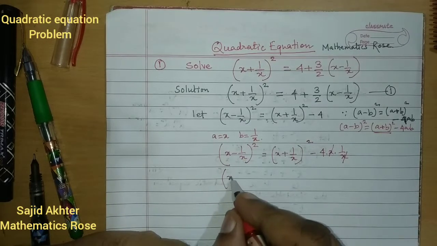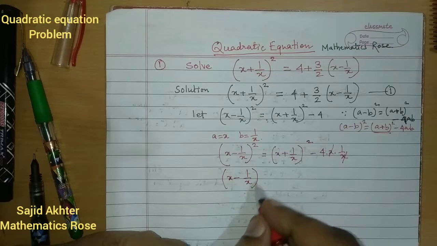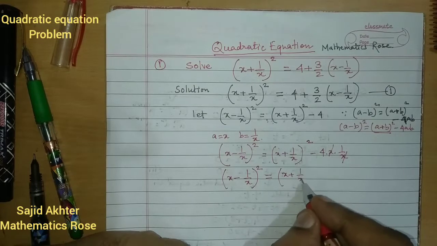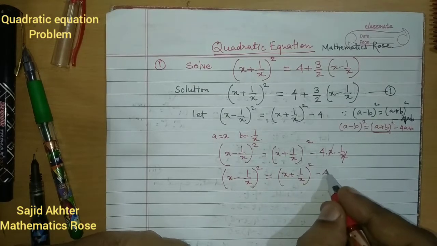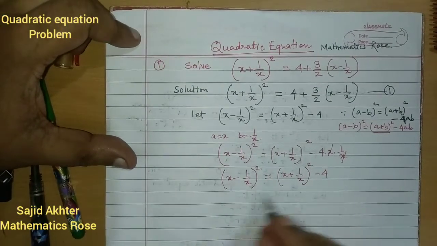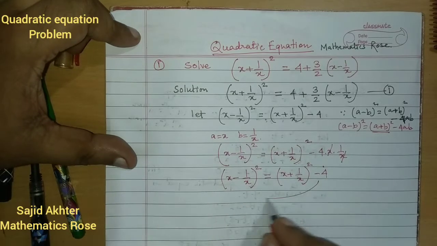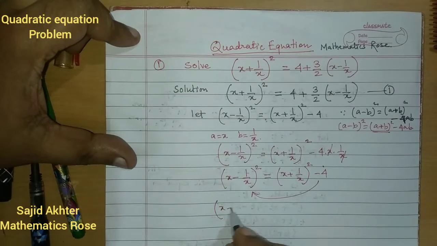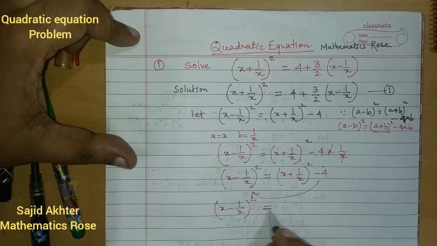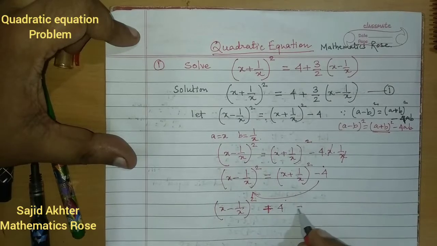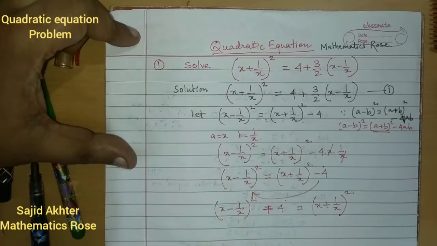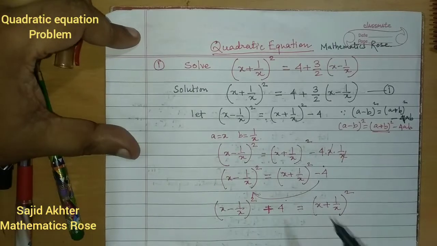So you will get (x minus 1 by x) whole square is equal to (x plus 1 by x) whole square minus 4. Now if you bring minus 4 to this side, (x minus 1 by x) whole square plus 4 is equal to (x plus 1 by x) whole square. Now I am coming to the question.